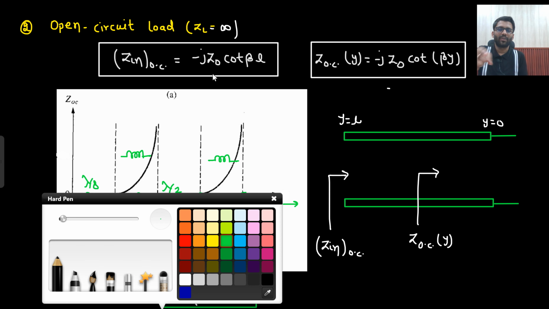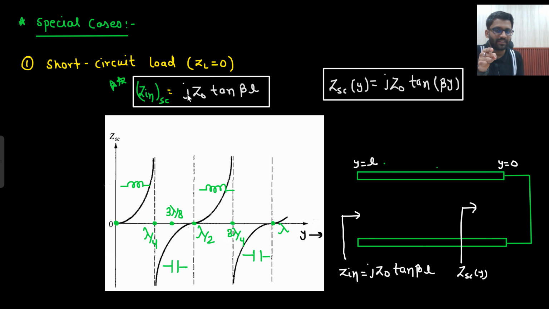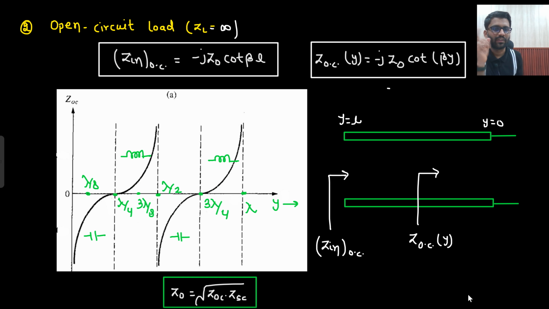You can verify it here as well. If you multiply both of them, what are you going to get? Minus j into j will be plus 1. Z naught into Z naught will be Z naught square, and tan beta L into cot beta L will be 1 only. So what you are getting is Z naught square. What we are doing: Z in short circuit into Z in open circuit.